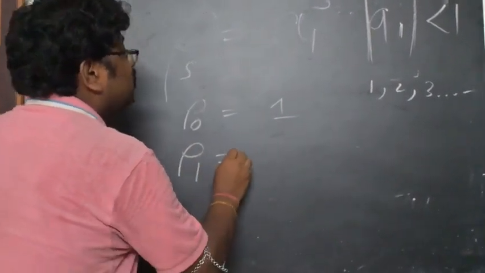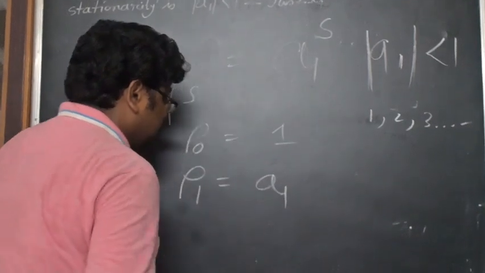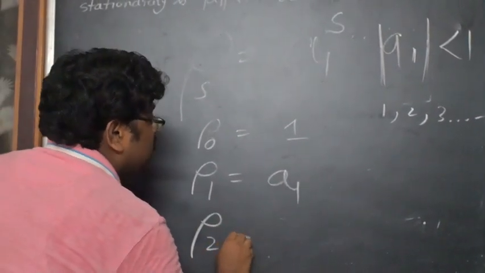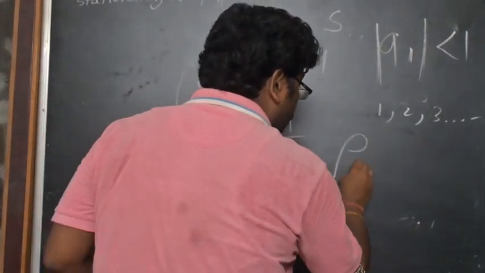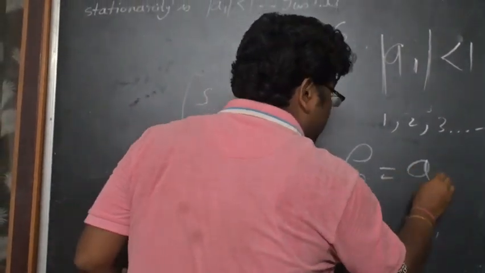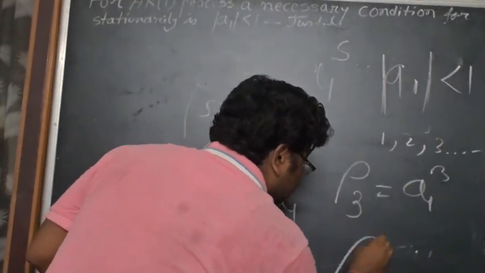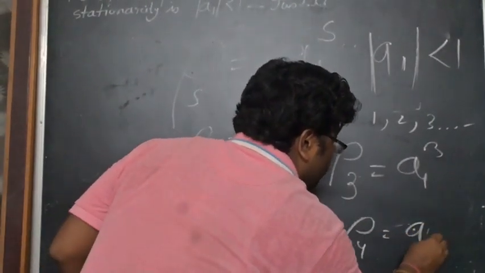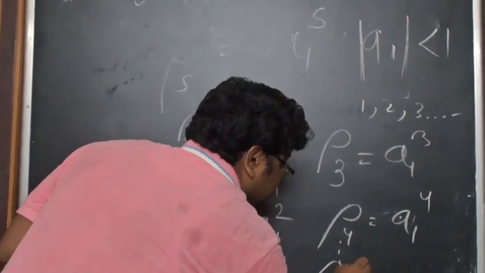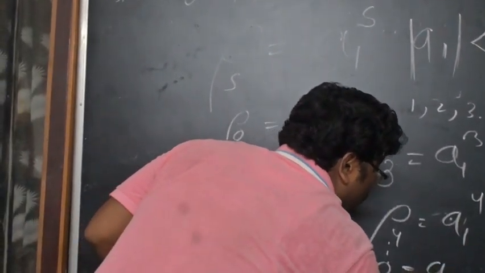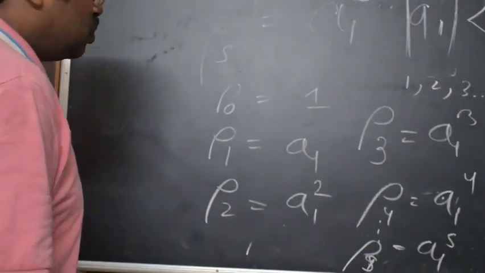Rho 1 equals a1, rho 2 equals a1 square, rho 3 equals a1 cube, rho 4 equals a1 to the power 4, and in this way rho s equals a1^s.